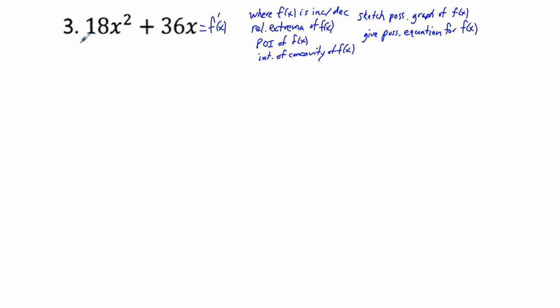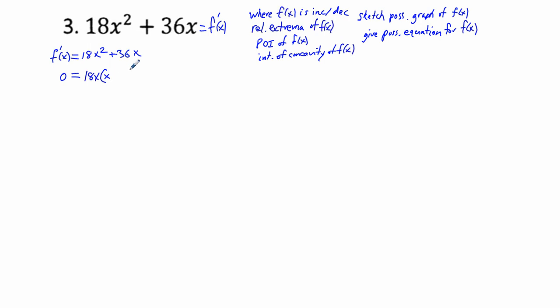Okay, the first thing we're going to do is rewrite f prime of x equals 18x squared plus 36x. If we set f prime of x equal to 0, we're going to be able to find critical numbers. A common factor between these two terms is 18x. 18x times what equals 18x squared?